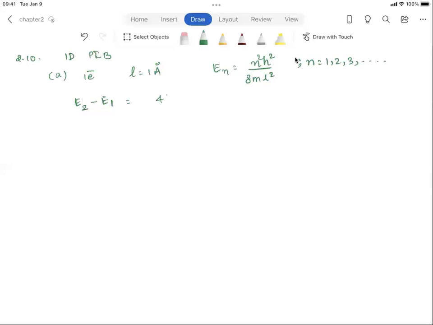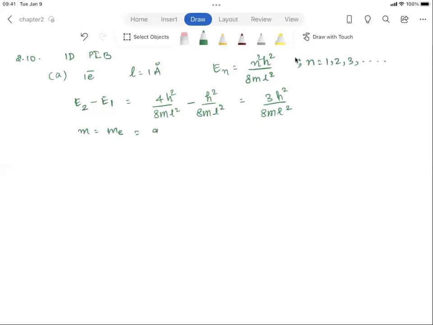And that will be 4h² over 8mL² minus h² over 8mL². That will be 3h² over 8mL². Now here, m is nothing but the mass of the electron.